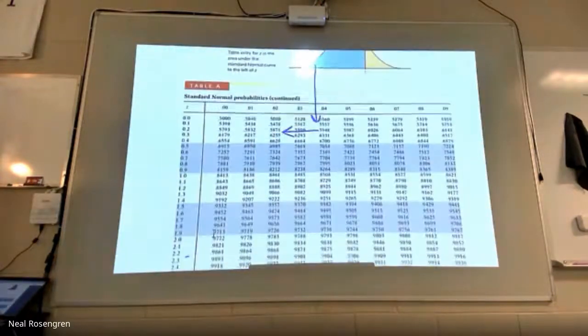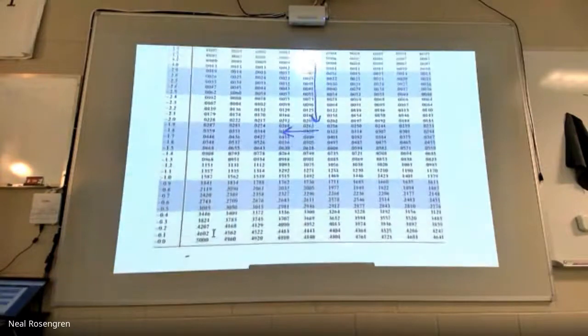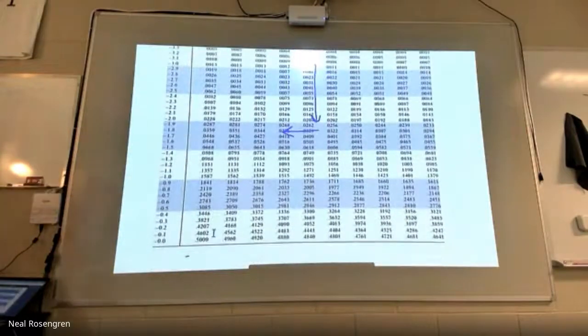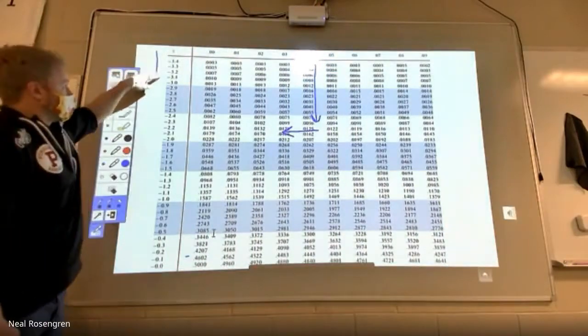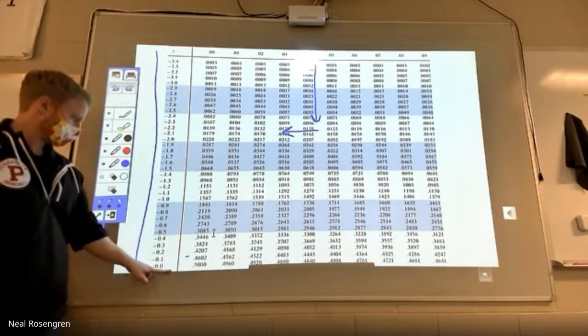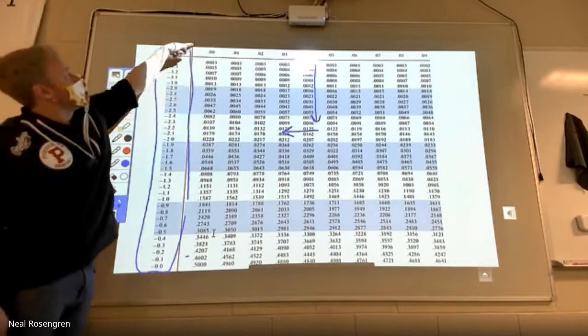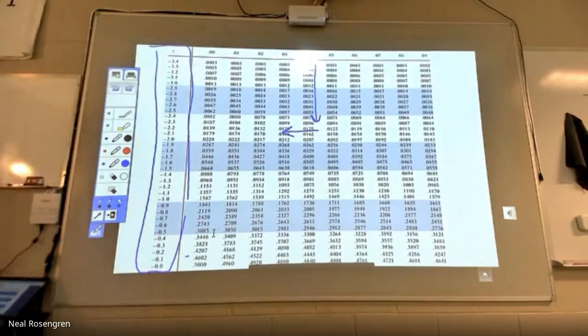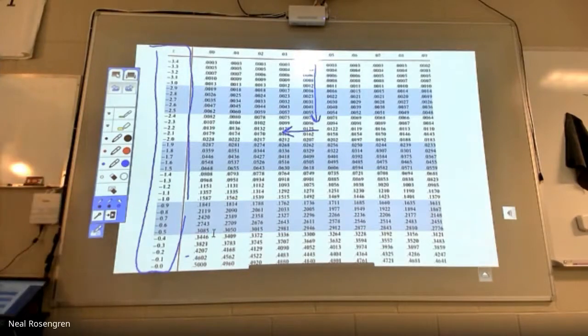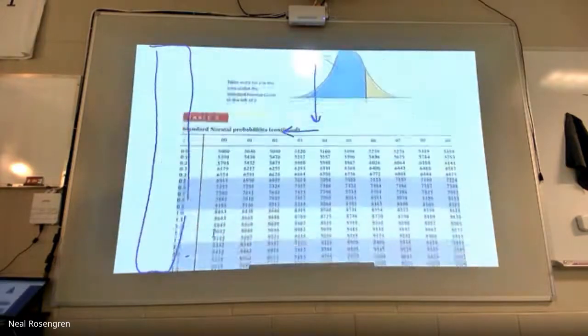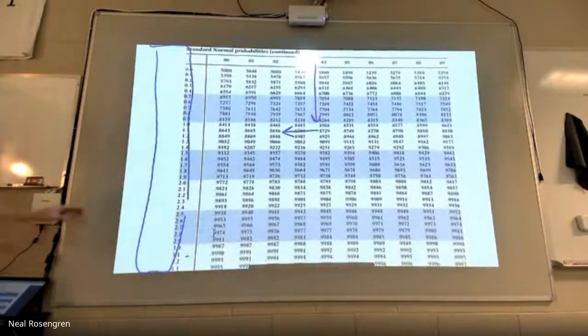The front, that first page, look at this: negative z-scores on that first page. Everything from negative 3.4 all the way down to nothing, back to the average. The second page, I don't know why it's not lined up the same way, all the positives.